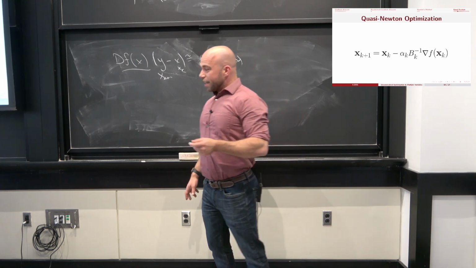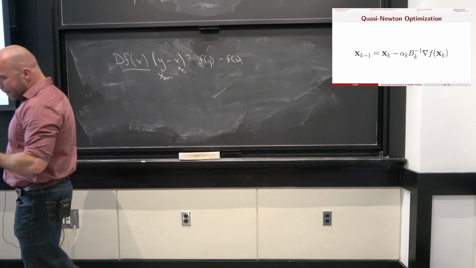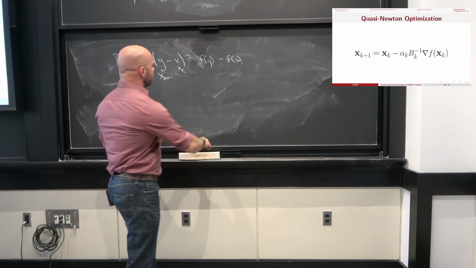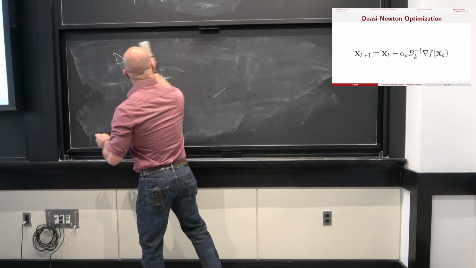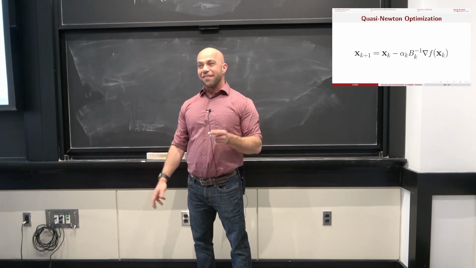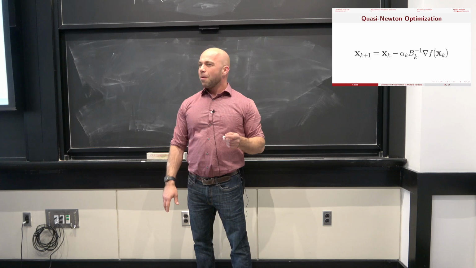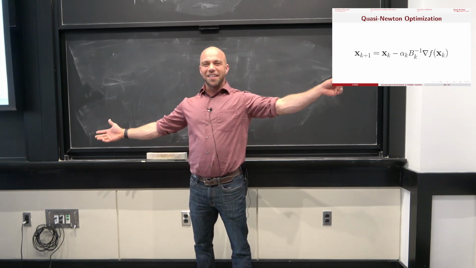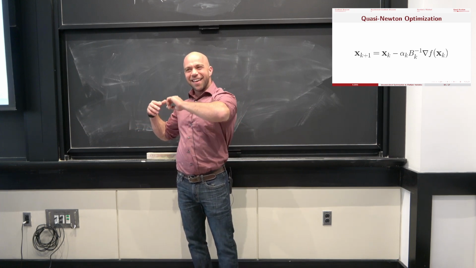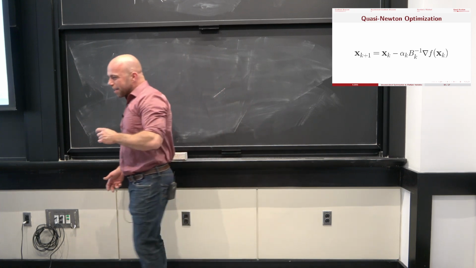So unsurprisingly, what we're going to do in quasi-Newton methods is just one step higher than that. In particular, now we want products of Hessians and vectors. But what is a Hessian? It is the derivative of the gradient. Do you guys see that?